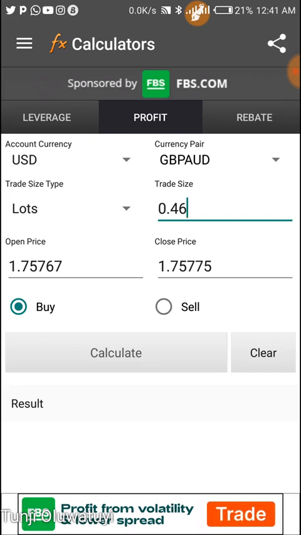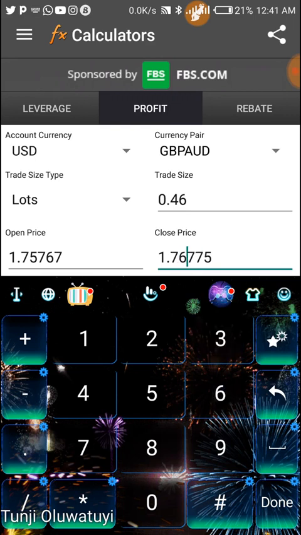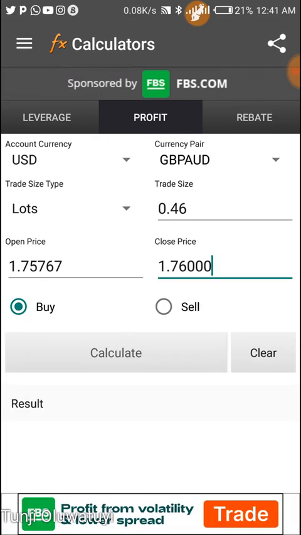That is, at what point do you intend to close the trade? So let's say your entry is going to be 600, and let's say that your take profit point is going to be 1.76000. That is going to be your close price.